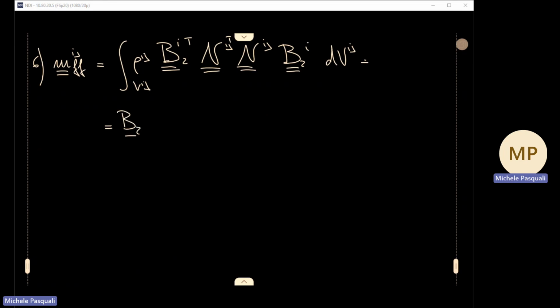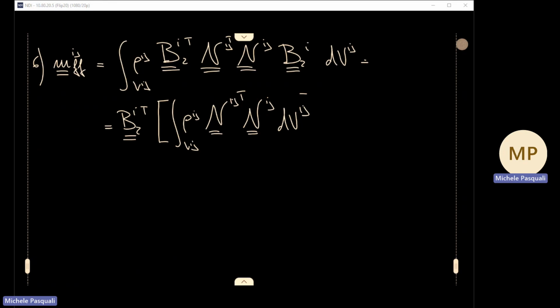So again, we bring out everything which is not space dependent, and we can write the integral of the Vij of rho ij and ij transposed and ij in Vij in B2.